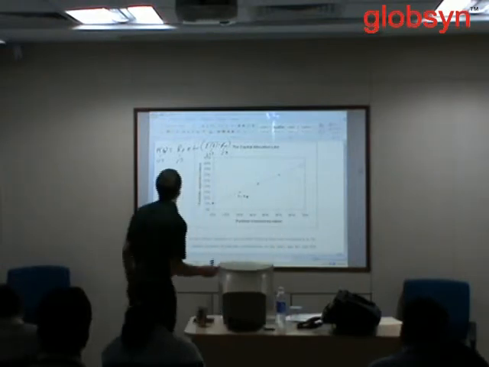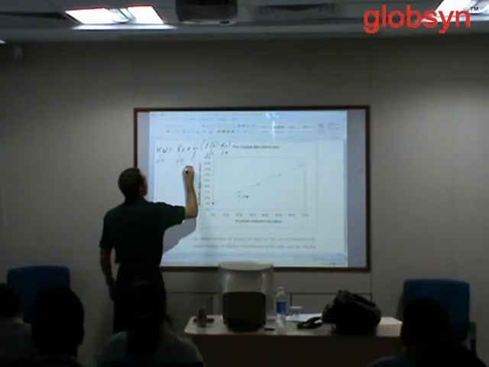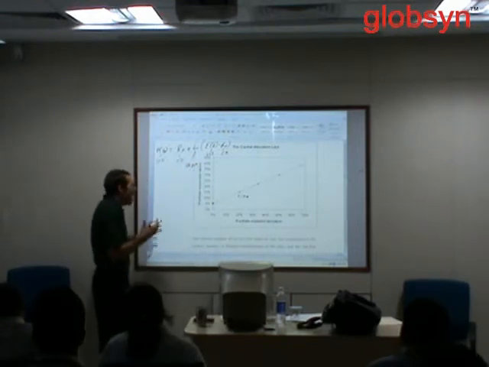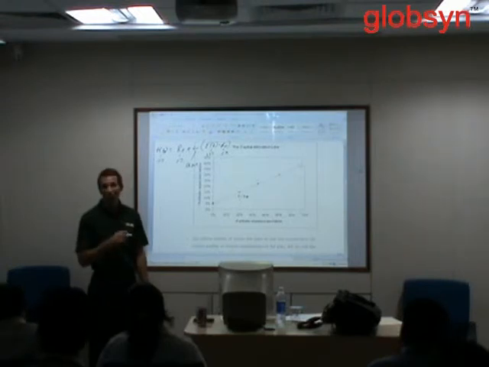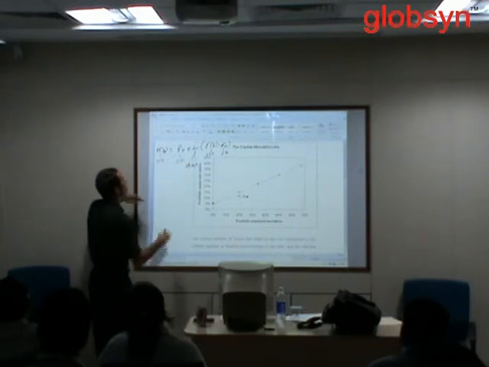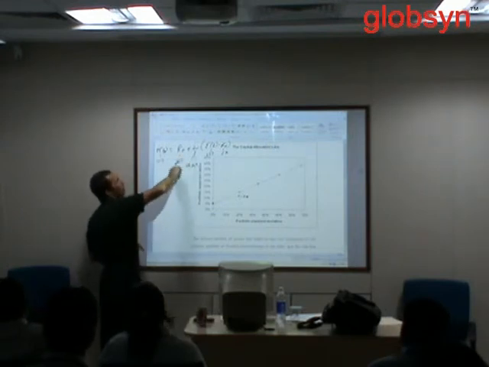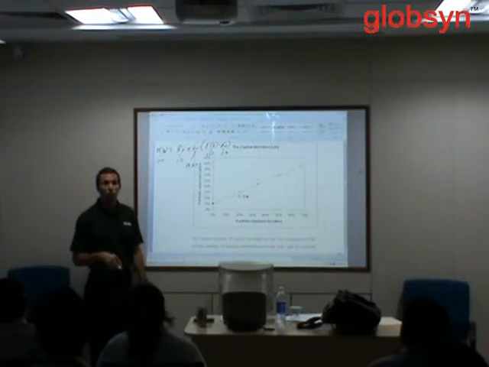Yeah, 58.82%. So W is 58.82%. So I'm putting about 59% of my money into the risky asset, and the rest goes into the risk-free asset. Okay? So that's solving for W. Because the weight on the risk-free asset is simply going to be 1 minus W.